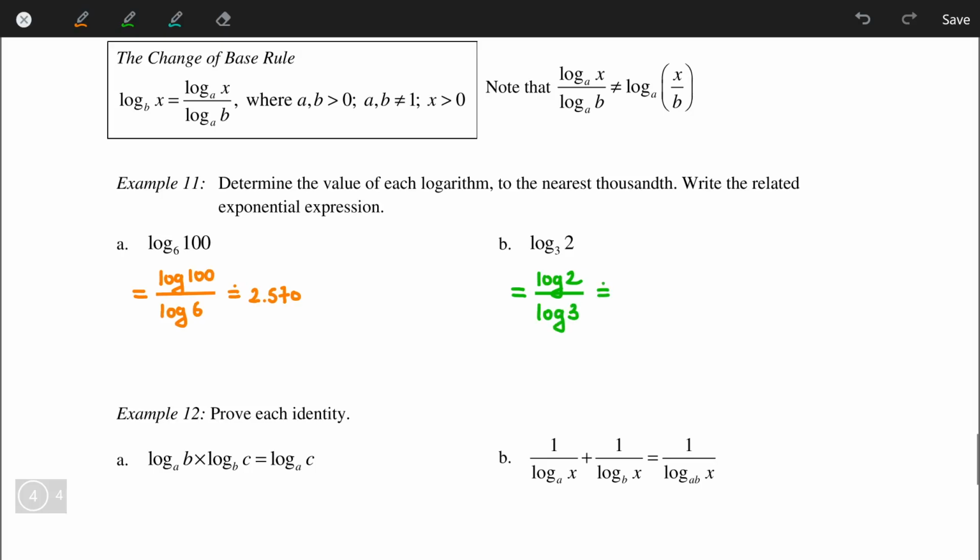And this will give us an approximate value of 0.631, which again makes sense because 3 to the first power is 3. So in order to write 2 as a power of 3, the exponent has to be less than 1.